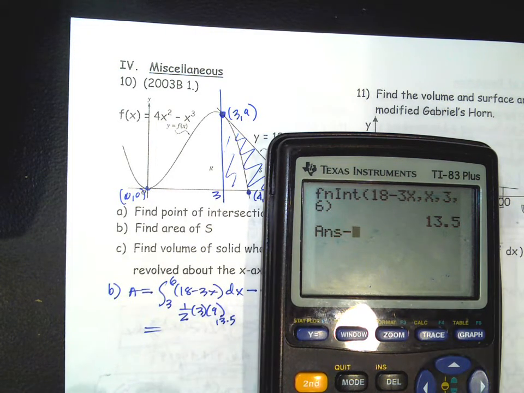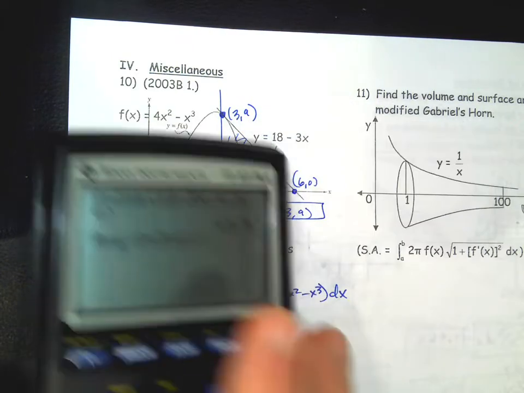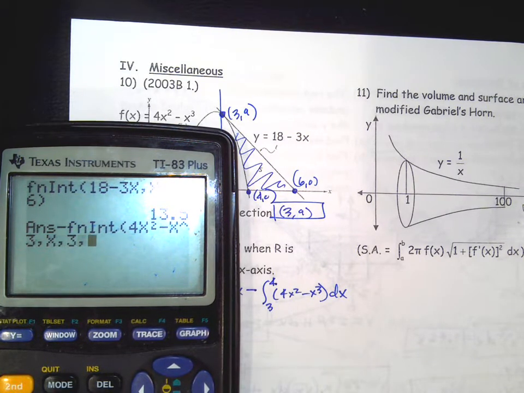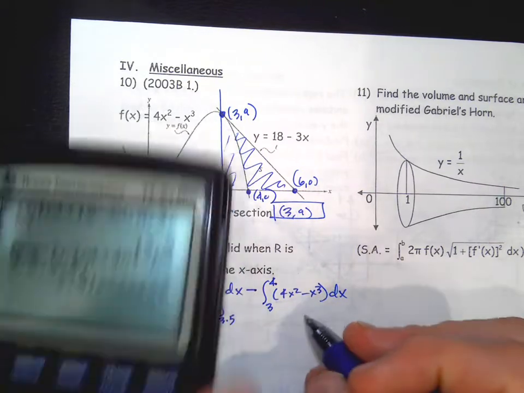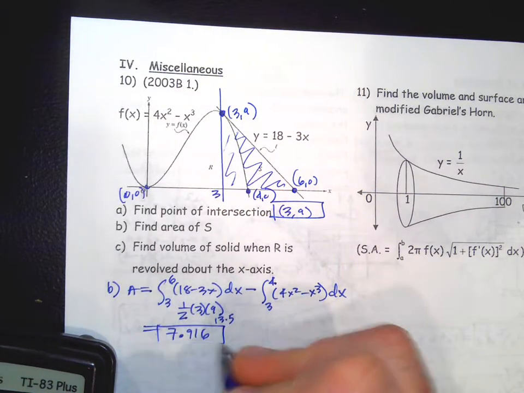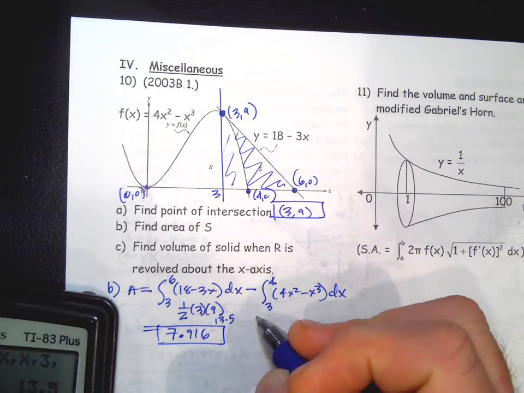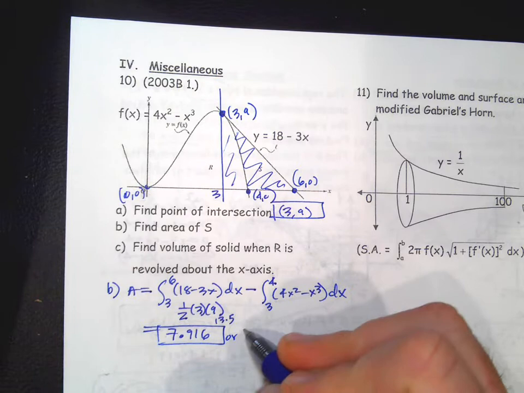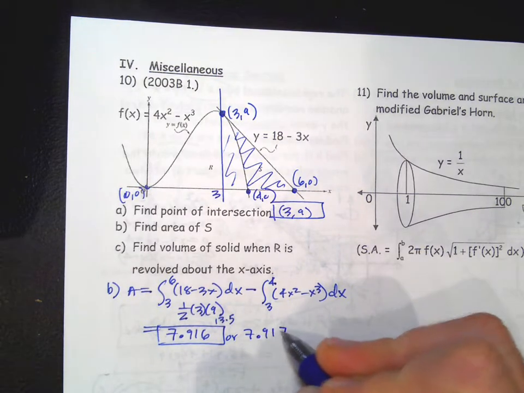Minus math 9, 4x squared minus x to the third, comma x, comma 3, comma 4. So we get 7.916. Okay, 7.916 or 7.917 if you want to round.